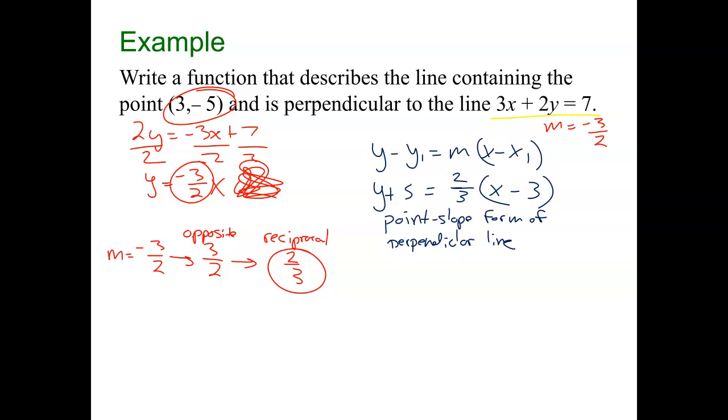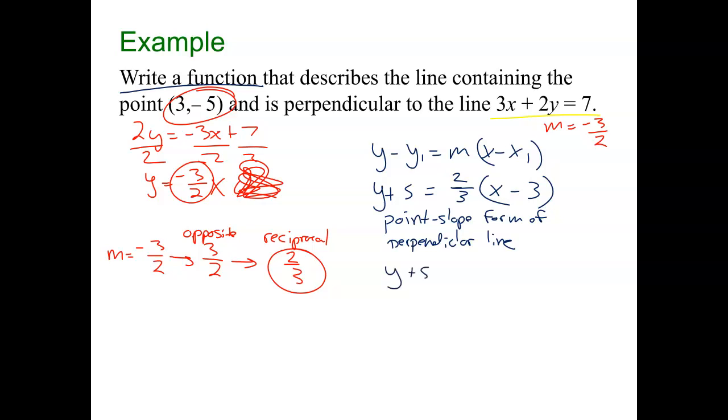What is the question asking? Because it says write a function. So what do I have to do to point slope form so that I can get it to function notation? Change it to f of x. Yep, but before I can change y to f of x, y has to be by itself. Get y by itself, which is what form? Slope-intercept form, okay?